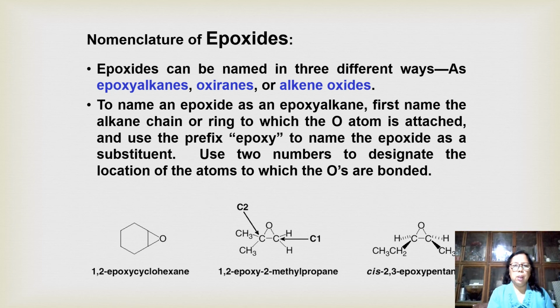And then here you have 1, 2, 3 for the first carbon. And then you are going to write now 1,2-epoxy, the epoxy first. And then you write the other carbon. Here in this case, it has nothing but hydrogen. So you just simply write epoxy. But since this is a triangle, you have to write there 1,2-epoxy.